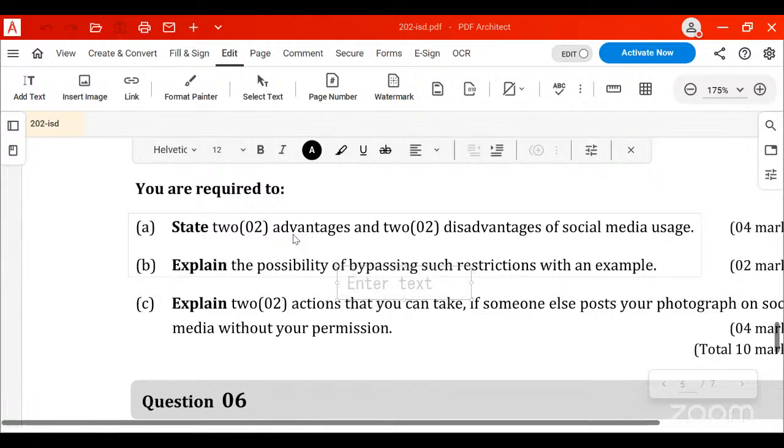What is blockchain? Blockchain is a decentralized digital ledger technology used to record transactions securely and transparently.